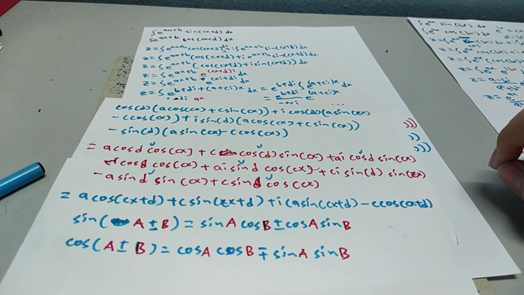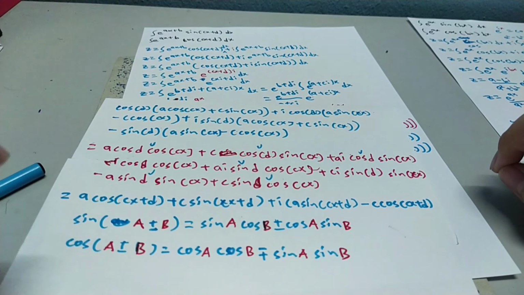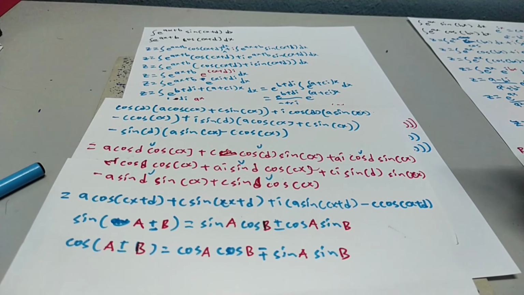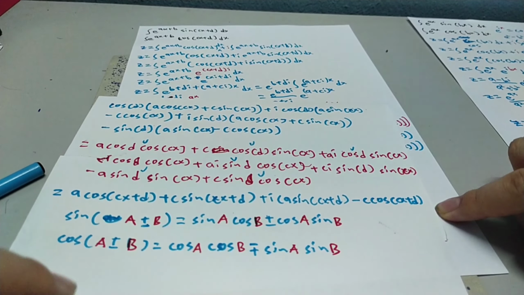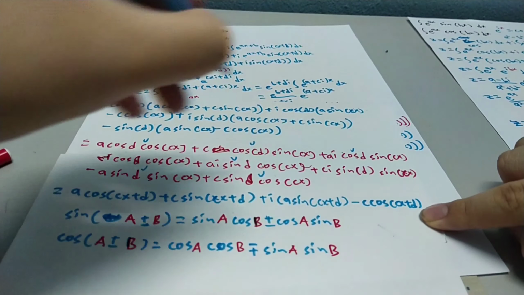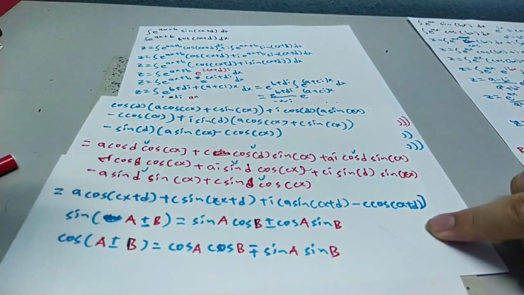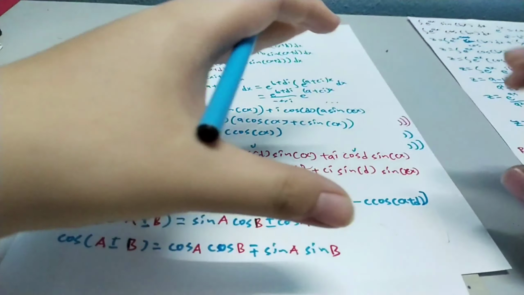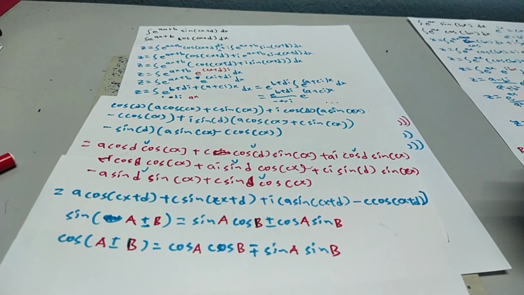Then we get cosine of D times cosine of CX minus sine of D times sine of CX. And then we can simplify it together to become cosine of CX plus D. And if you still don't understand, you can just try to expand this whole thing, and then simplify and see for yourself.